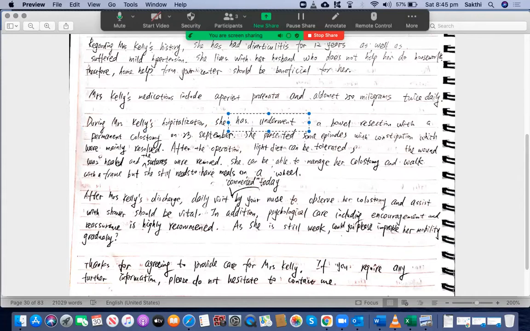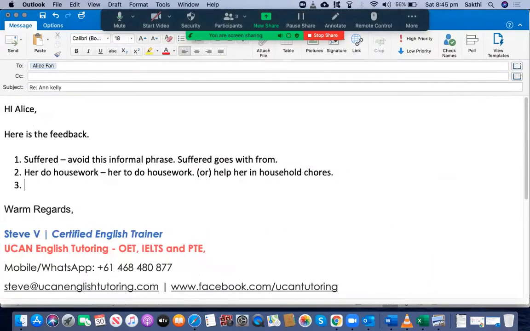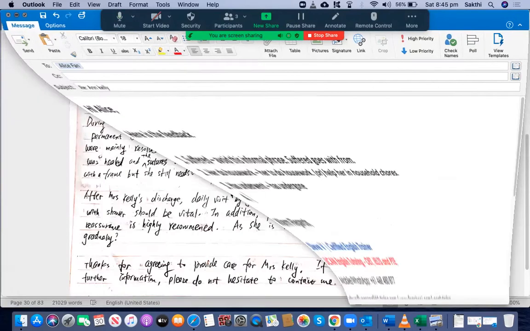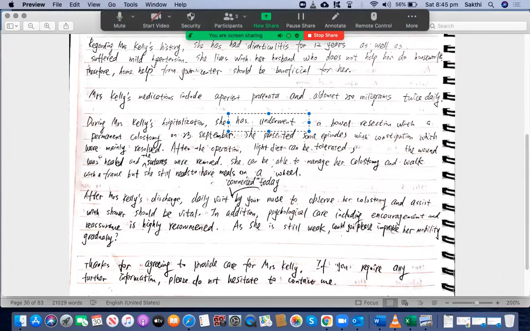"Underwent" is the past form, and then you're using "has". "Has" always goes with "undergone", the third form, not the second form. So "has underwent" is wrong. "Has undergone." Otherwise, "underwent." Okay, that's wrong.